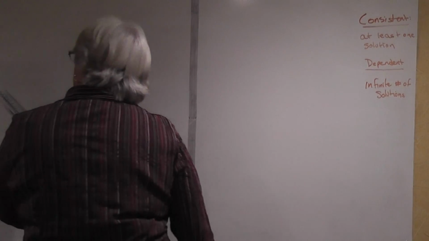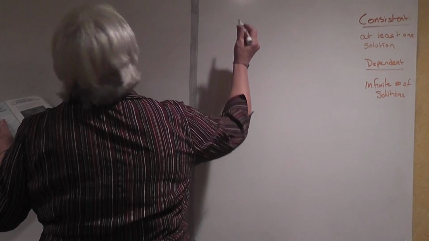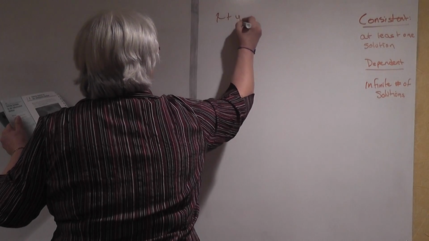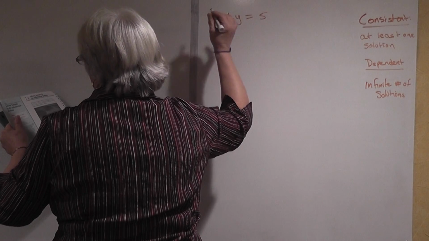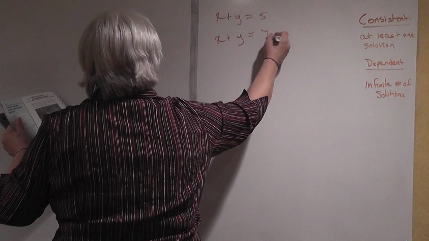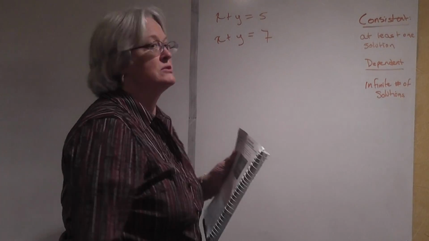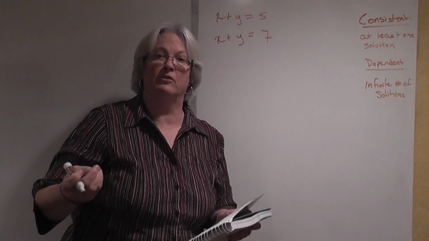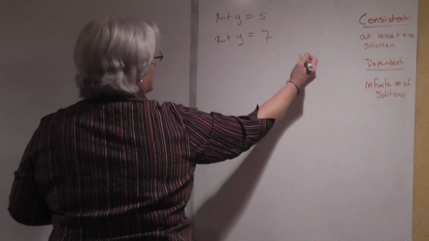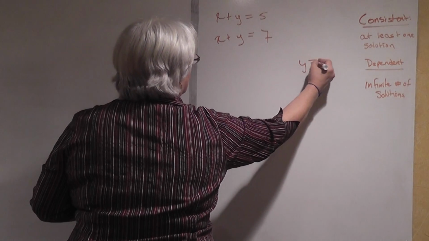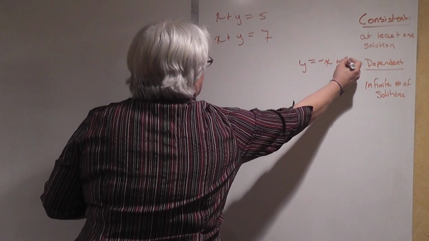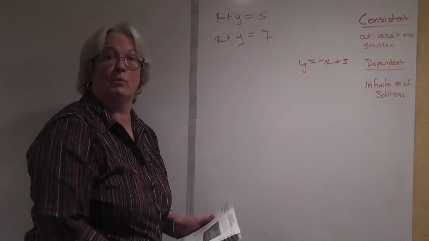The first example here that's not even illustrated, not even given as an example, we have x plus y is 5, and then we have x plus y is 7. Let's go ahead and solve this system of equations by substitution. I'm going to take my first equation over here and solve for y. And I have negative x plus 5 being the value that we end up with for y.